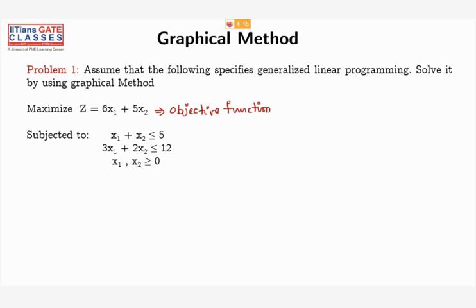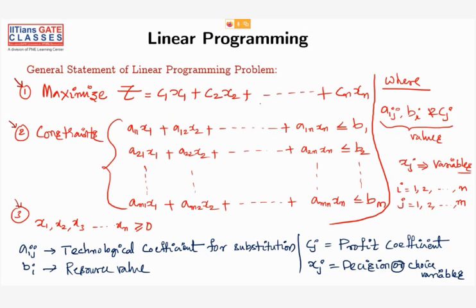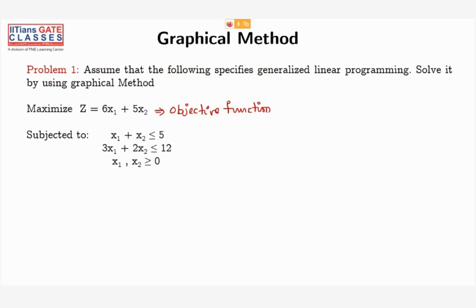Assume that the following specifies a generalized linear programming problem. Solve it by using the graphical method. This is a simple linear programming problem. The first method to solve a linear programming problem is the graphical method. So this is your first method, the graphical method.